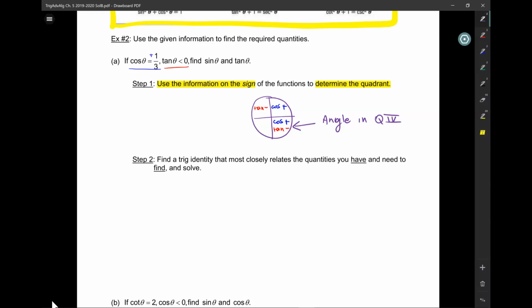So now that's step 1. Step 2 is find a trig identity that most closely relates the quantities you have and need to find. It's in quadrant 4 because there are two pieces of information which appeared in quadrant 4.